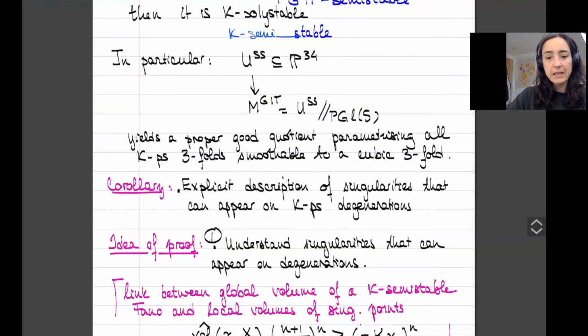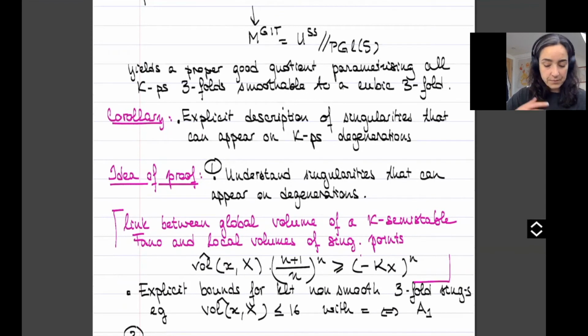So you have a link between the global volume of a K-semistable Fano variety and local volumes of singular points, which is a relation that was proved by Liu and which takes this form. And you can get an explicit bound for KLT non-smooth threefold singularity volume.